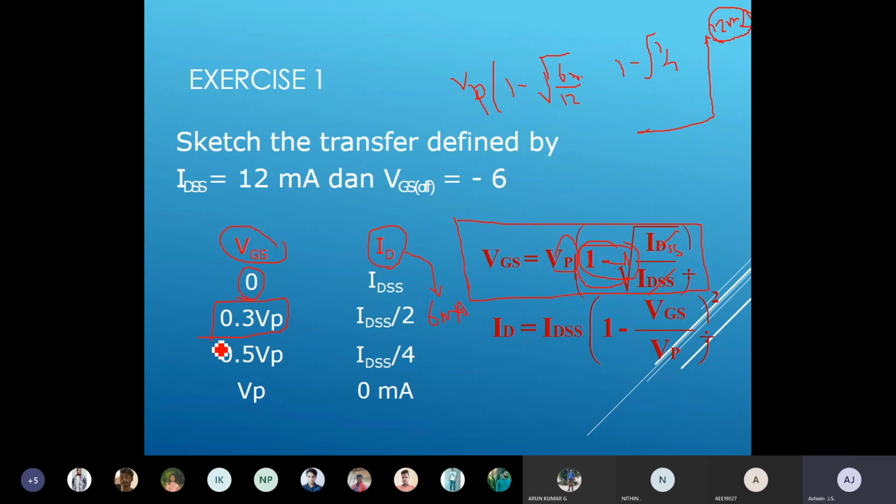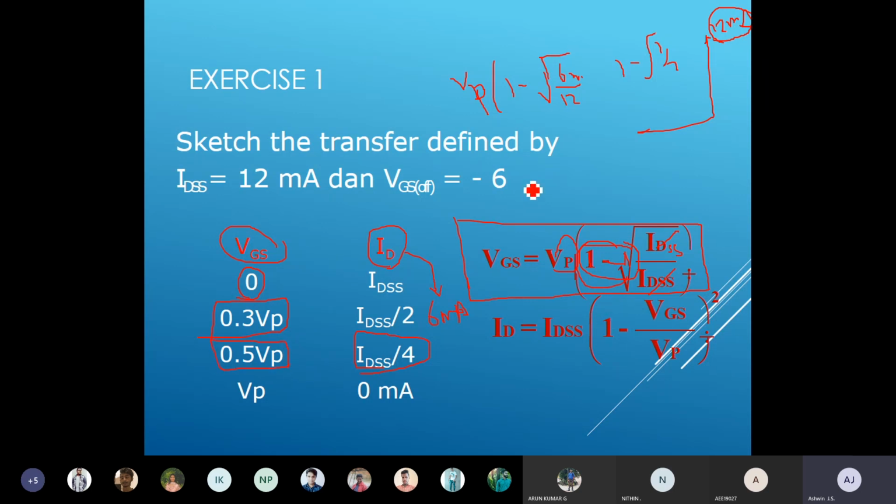VP I'm just keeping as an unknown value, and after that I substitute IDSS by 4. So you will get 3 by 12, and after simplifying you get the answer 0.5 VP.